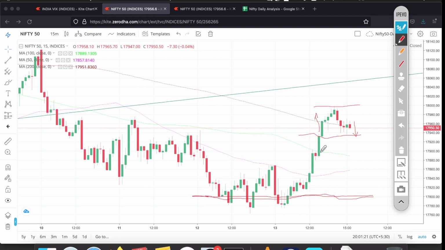Right now price is above a moderate support because this particular 17,930 played out as a resistance in all these earlier sessions, except here, where there was some support and that got taken down with a long price action.